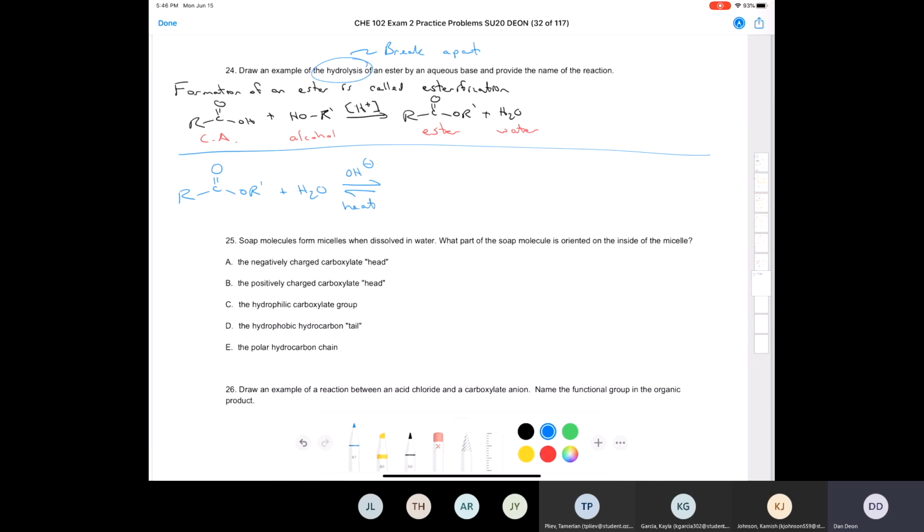There are two carbon-oxygen bonds in an ester: a carbon-oxygen double bond and a carbon-oxygen single bond. Which one of those is going to be weaker? The single bond is the weaker one.